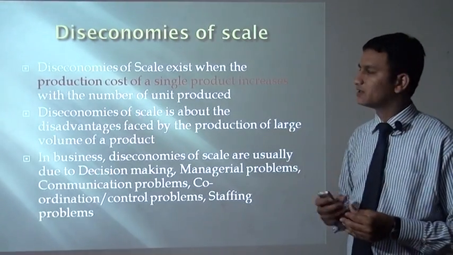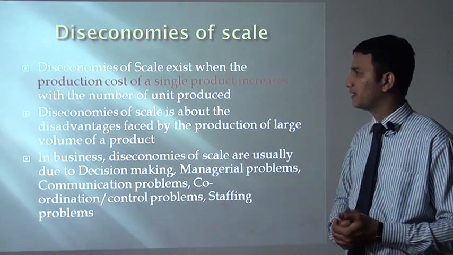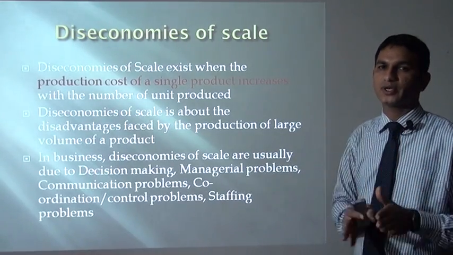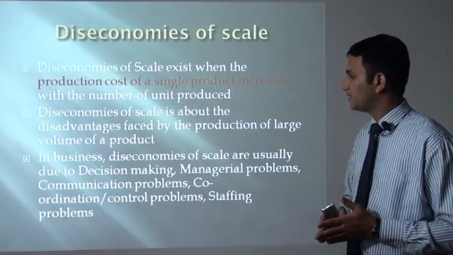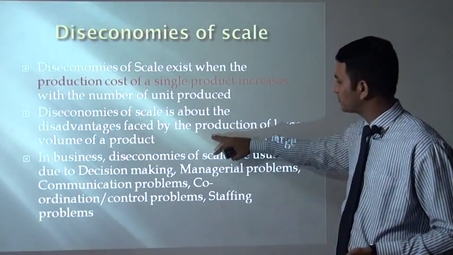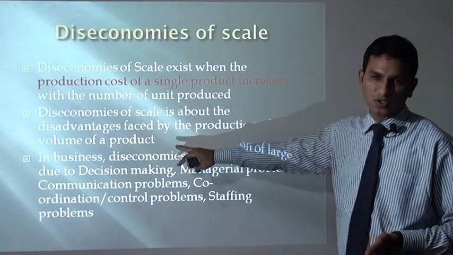Diseconomies of scale means the opposite of economies of scale. When we are producing in large numbers, the per unit cost will increase. So diseconomies of scale is about the disadvantage faced in the production of a large volume of product.